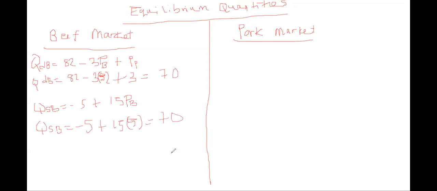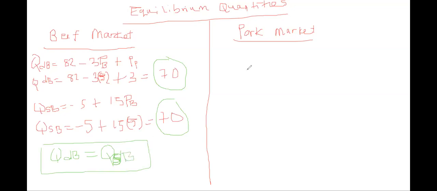So you will realize that the equilibrium in the beef market holds. This is 70, this is 70. That is, the quantity demanded equals the quantity supplied for the beef. So this equilibrium holds in the beef market.